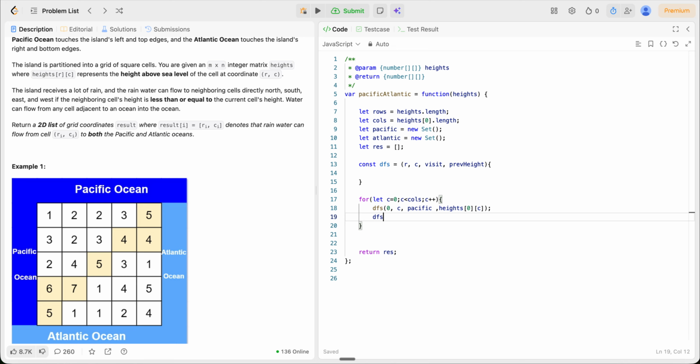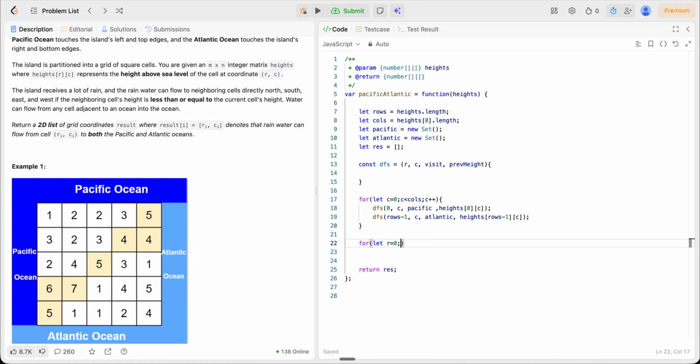And for the last row, I will be passing rows minus 1, C, and this row is flowing to the Atlantic Ocean. So I'll be passing that, and heights of rows minus 1, C. Right?